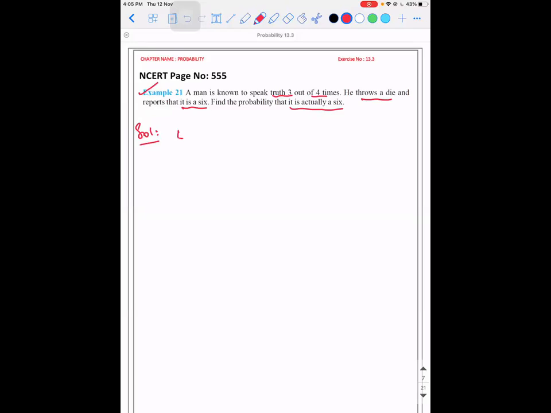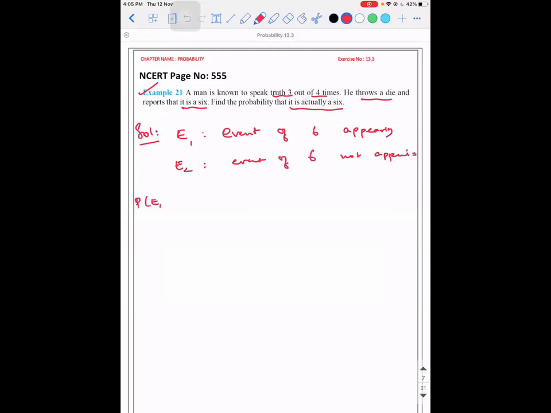What is it, guys? E1 is the event of 6 appearing. E2 is the event of 6 not appearing.